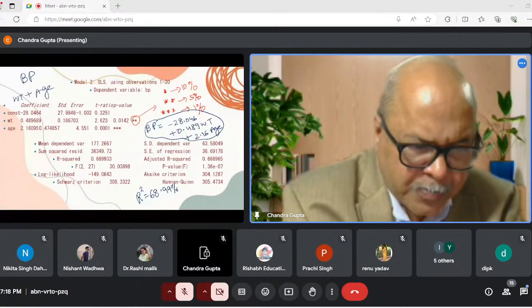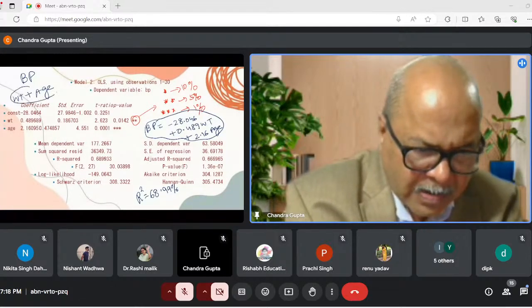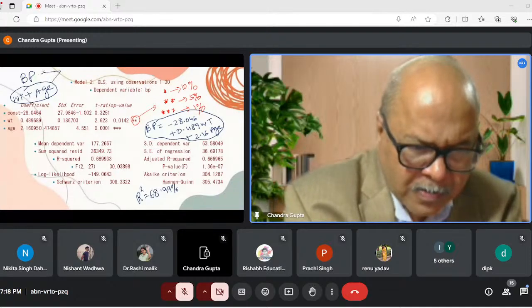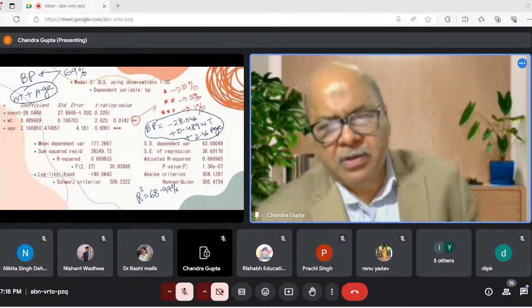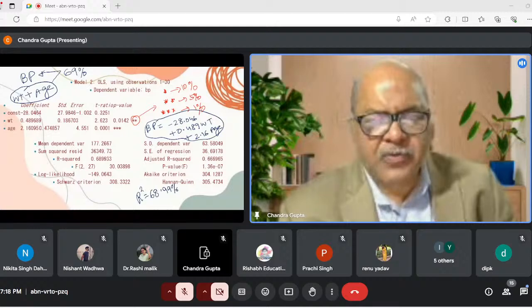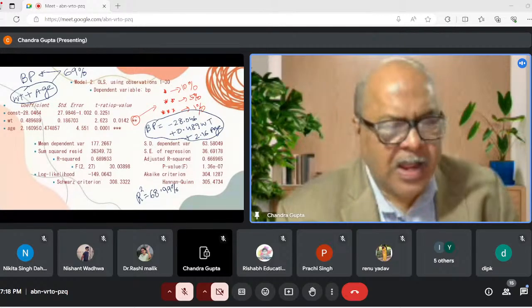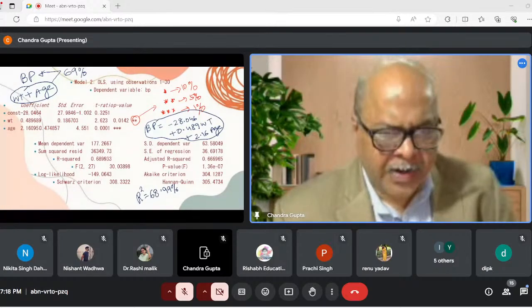Weight and age both together explain about 69% variation in BP. 31% variation in BP is still unexplained, maybe because of other factors.